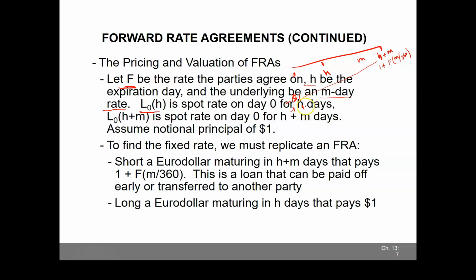And this $1 euro deposit will mature here after H days, and that will be paid as $1. There will be no interest paid or received on it. Remember, we are assuming even interest on this $1 short position starts from here to here, that is for 90 days. So to keep other things constant, there is no interest payment here and no interest payment here. So this $1 will mature to $1 value here.